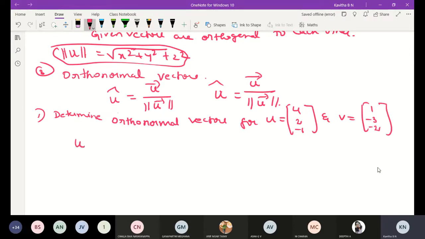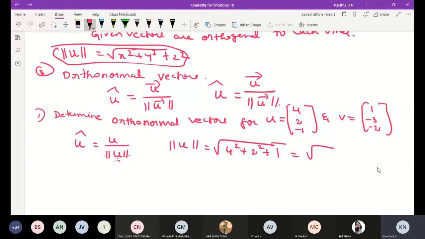Then u cap is equal to u by modulus of u. How to find the modulus? Modulus of u is square root of 4 square plus 2 square plus 1, that is 16 plus 4 plus 1.